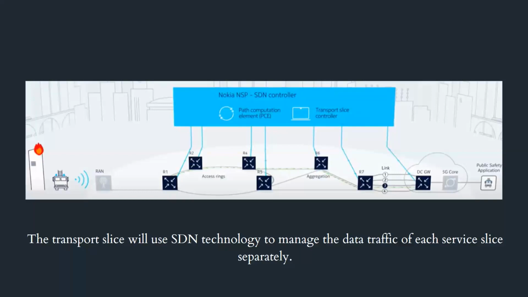The functions of the SDN controller will be focused on managing the data traffic in the network, reducing the congestion in the network, and also maximizing the network resource utilization.